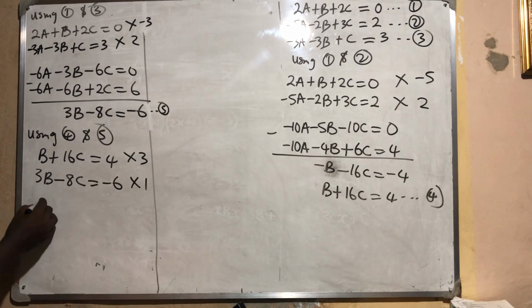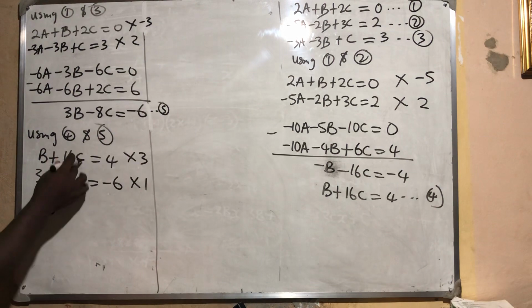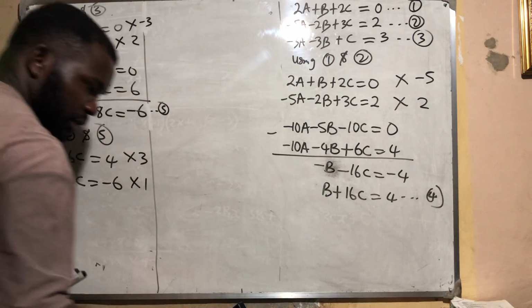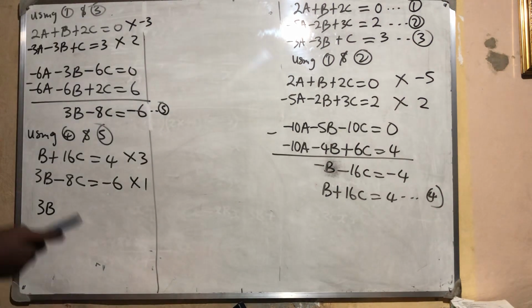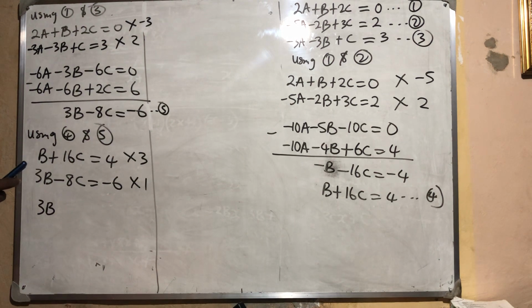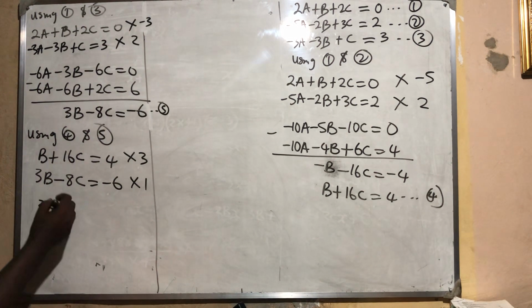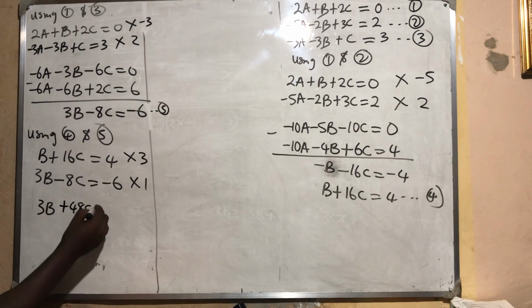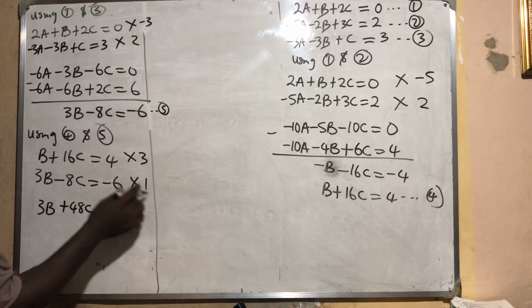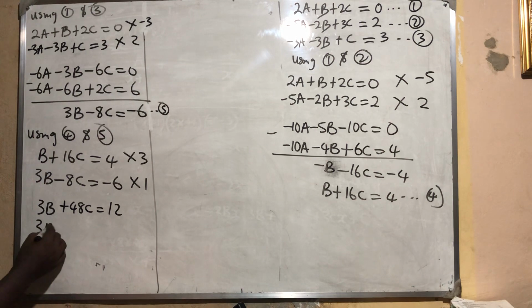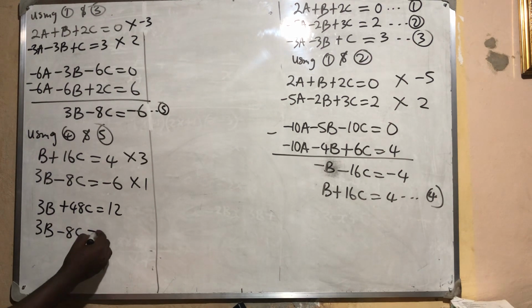3 times this is 3b. 3 times 16 is 48, so 48c is equal to 3 times 4, which is 12. 1 times anything is the same thing, so 3b minus 8c is equal to minus 6.